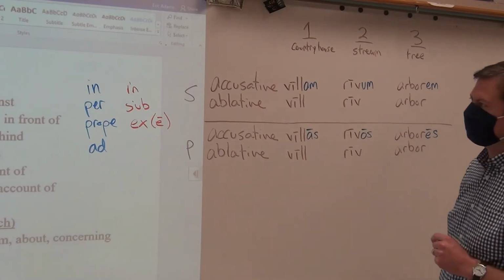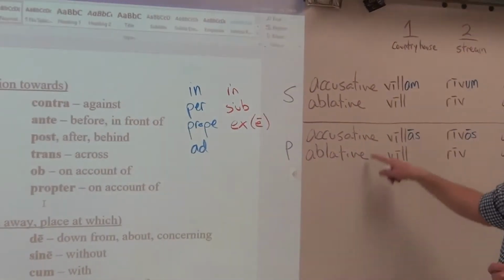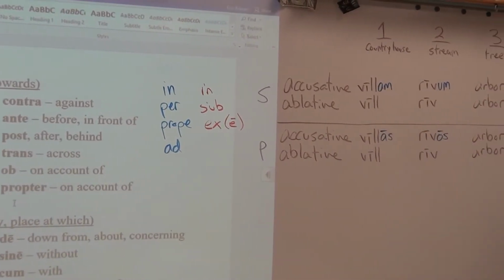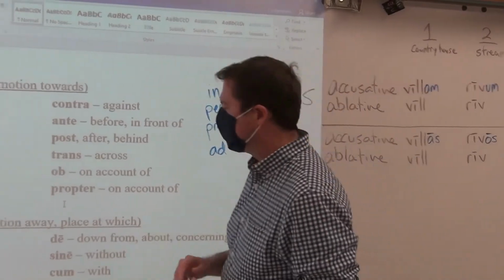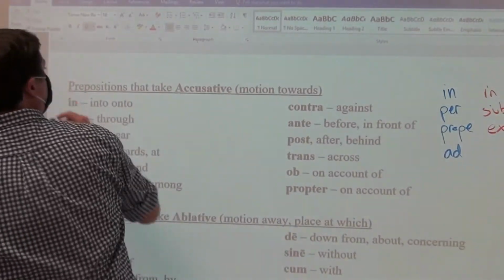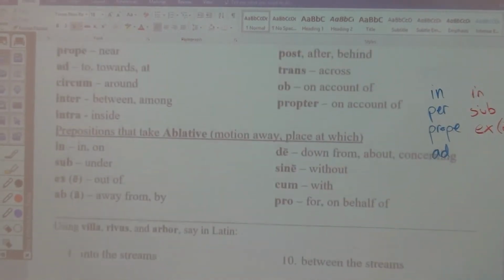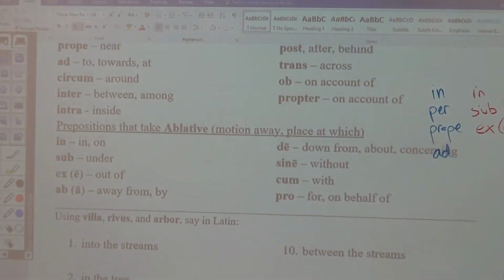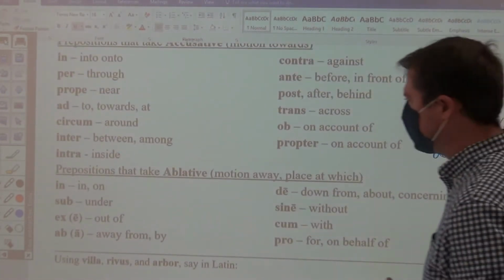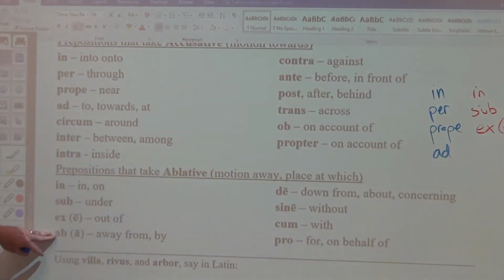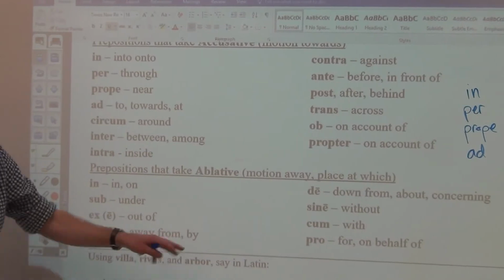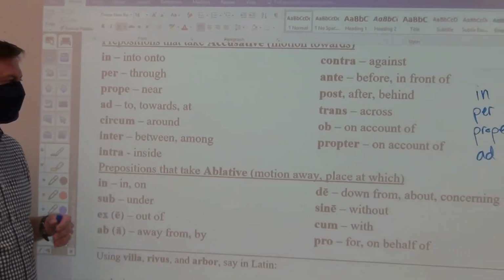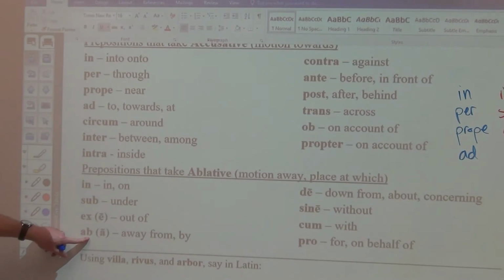But you could not have contra and the form be in the ablative, because they require the accusative. Now at the bottom, and I'll move it slightly so that you can see, these prepositions, of which we have seen sub and ex, those prepositions, now including ab or a, which means away from, or by, not by as in stand by me, but when I say dinner was burned last night by me.